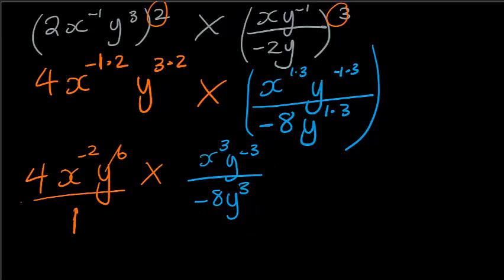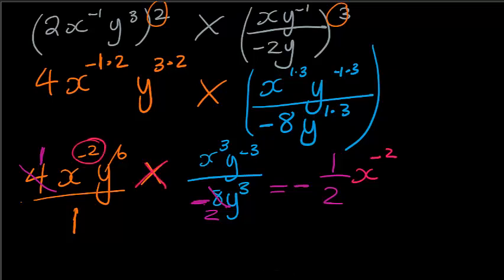I can get rid of these brackets, and what happens is I can say 4 and 8 simplify. 4 goes into 4 once, 4 goes into 8 2 times. So my coefficient is going to be minus 1 over 2. Then with my x's, let's start here, x minus 2, that's that one. Because I'm multiplying, I'm adding, plus 3, that's that one, and nothing in the denominators.